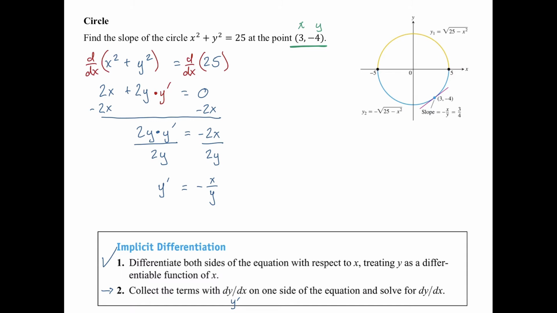So the actual slope, the slope of the tangent line, or the slope of the graph, is minus, and then 3 in the numerator, and then we have a minus 4 in the denominator, and then the 2 negative signs make this 3/4.